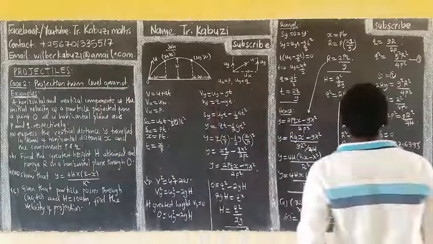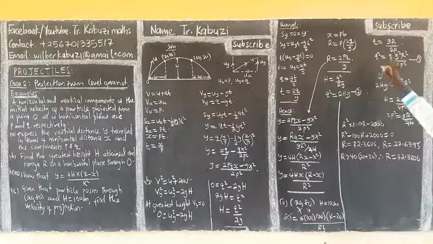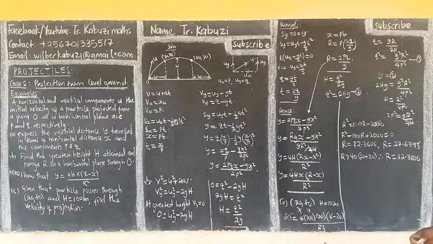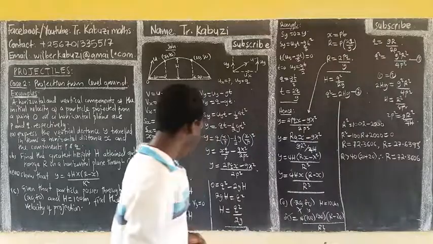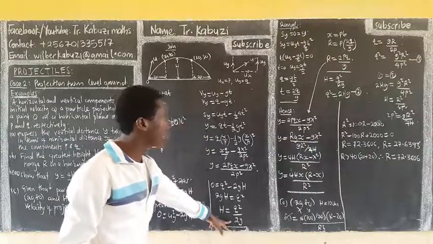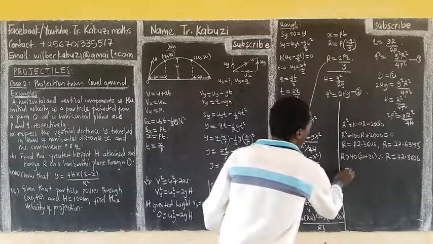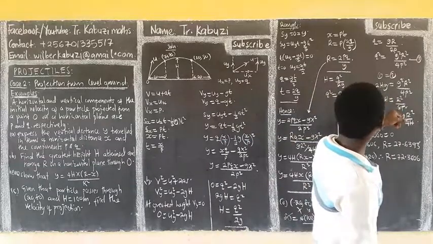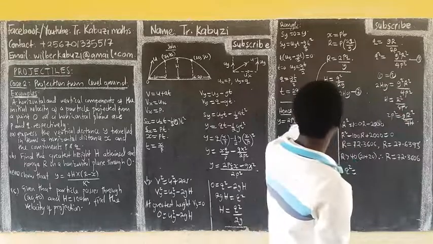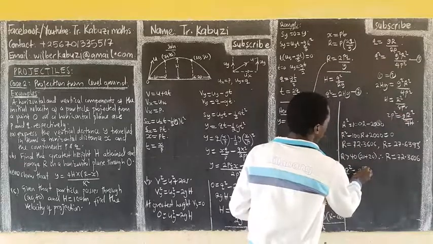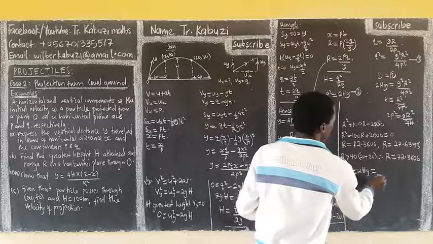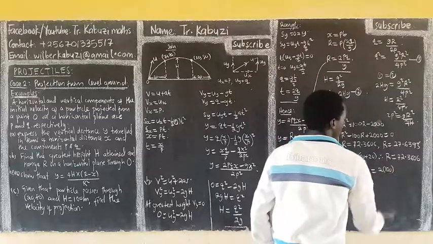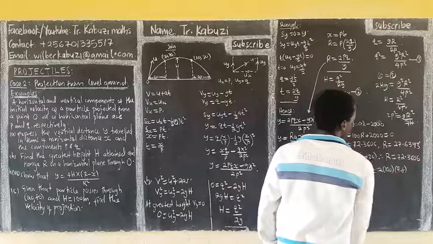Now after getting r, why are we getting r? The question is to get PQ. But we can easily first get the Q from here. Q squared from here is equal to 2gh, which will be 2 into 100 into 9.8.